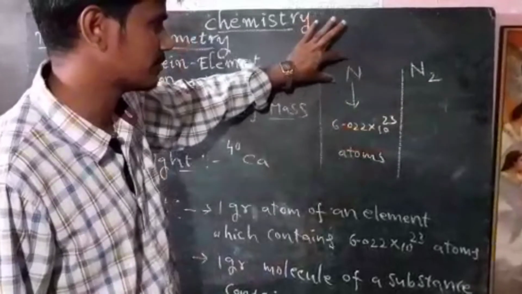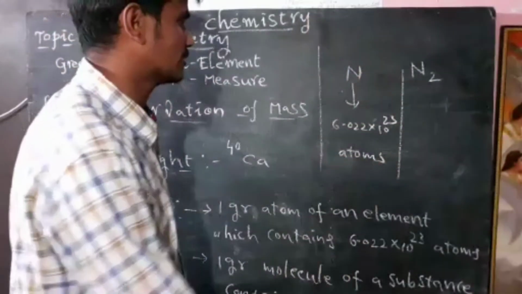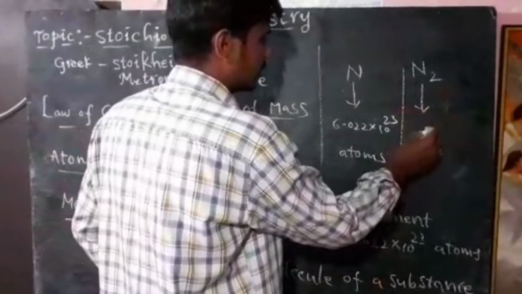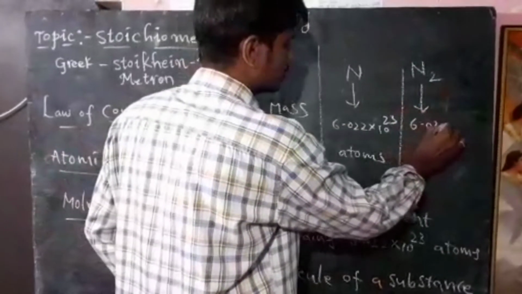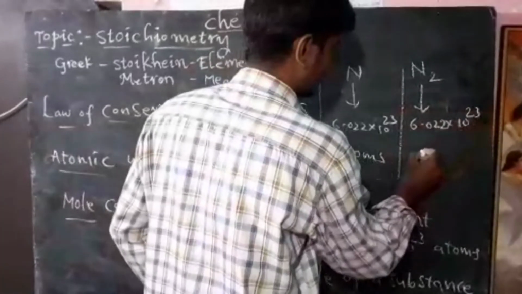Here two atoms combine chemically to form a nitrogen molecule. So 1 gram molecule of nitrogen contains 6.022 into 10 to the power of 23 molecules.